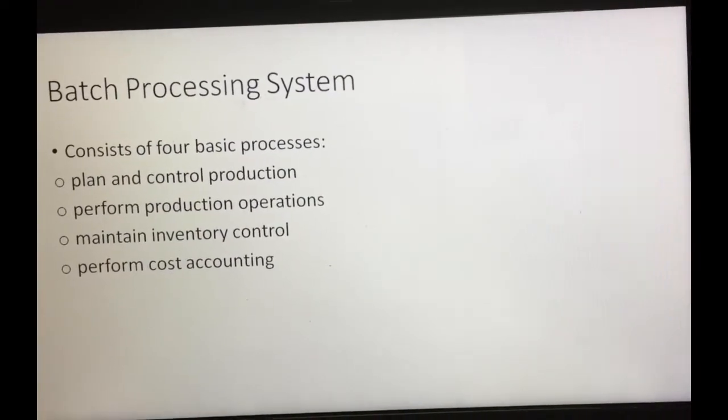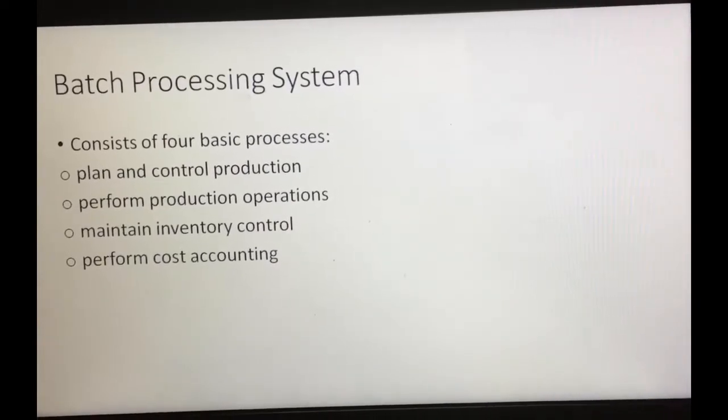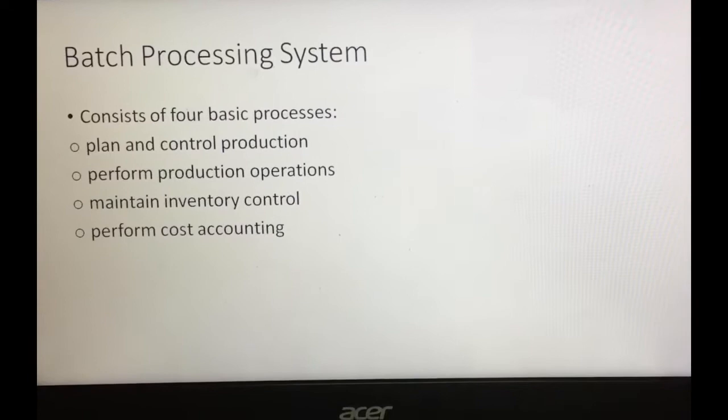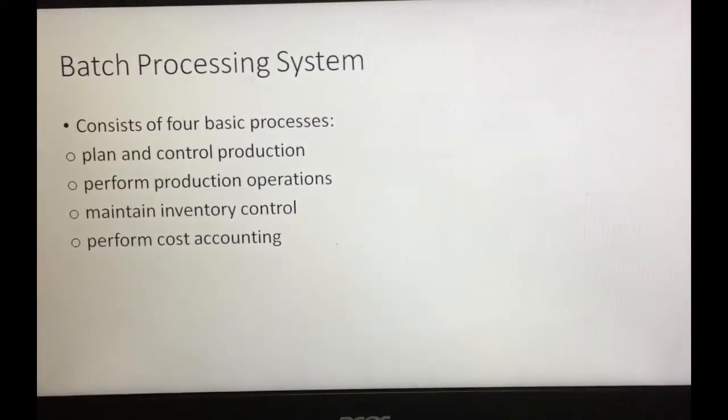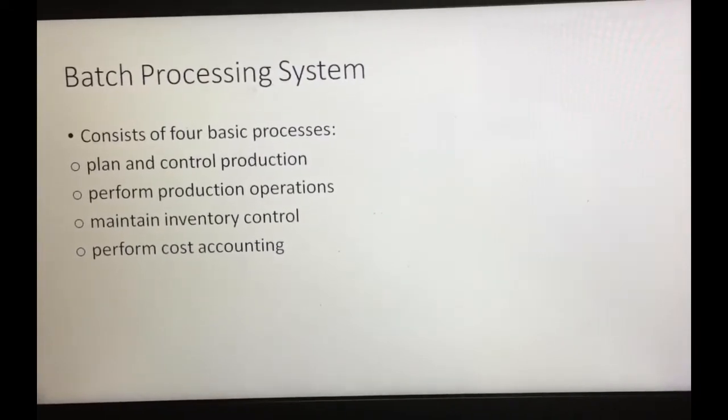Batch processing system consists of four basic processes, which are plan and control production, perform production operations, the third one is maintain inventory control, and the last one is perform cost accounting.